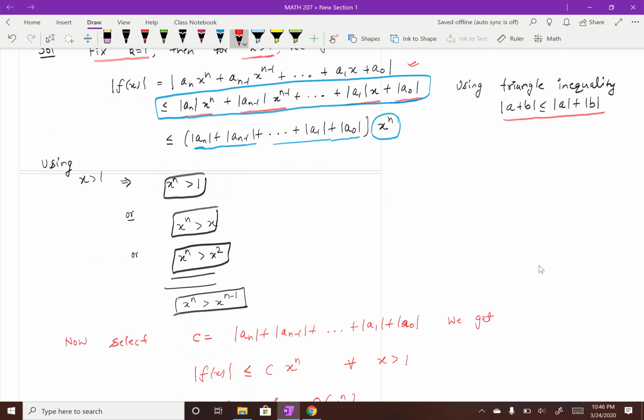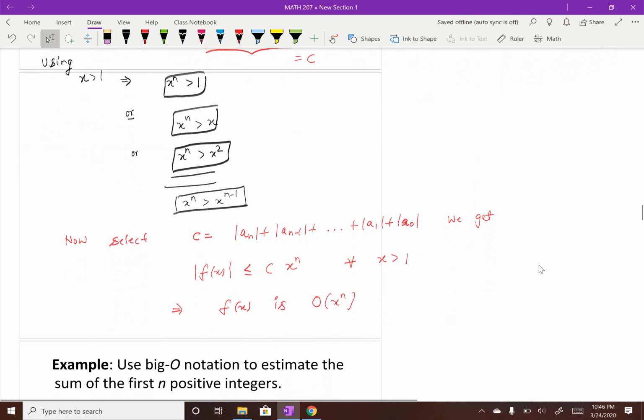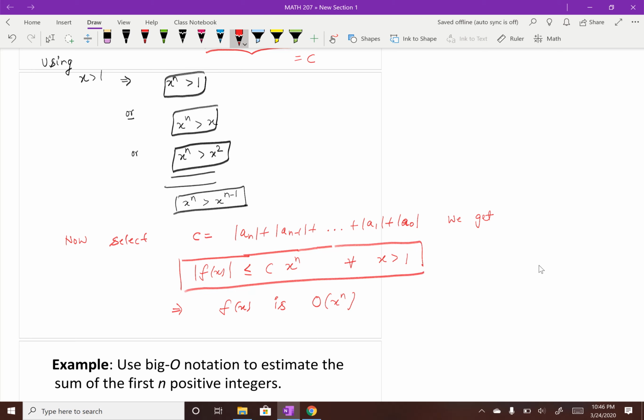Now from this inequality, I can choose this whole constant term as a constant c, and then it's easy for me to show that the absolute value of f of x is less than or equal to c times x to the n whenever my x is greater than 1, and my constant c is the sum of the absolute values of all those coefficients of my polynomial of degree n. So I can claim that my f of x is big O of x to the power n. And that's the proof of this example.